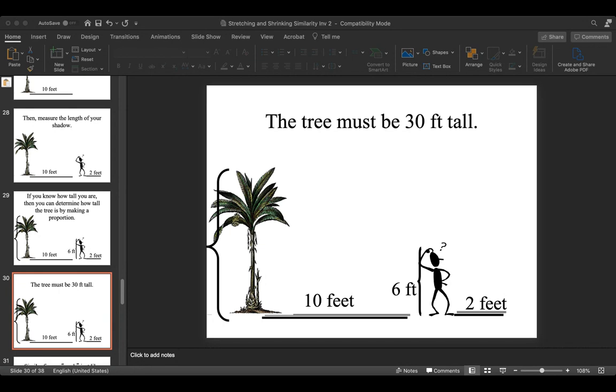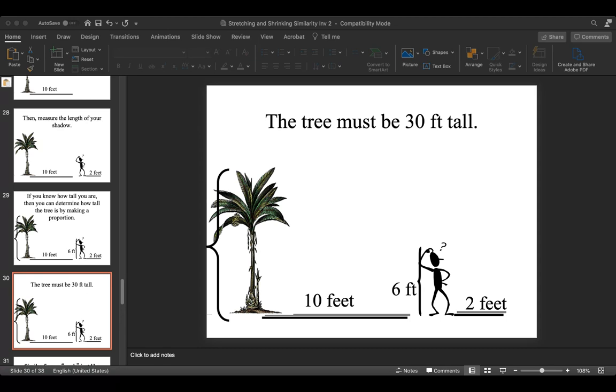So if I did 6 over 2 and set that equal to x over 10. Because remember, this is your height, this is your shadow. So we made a ratio of height to shadow, and we took the tree's height and put it over its shadow. So now I told you to compare the denominators.